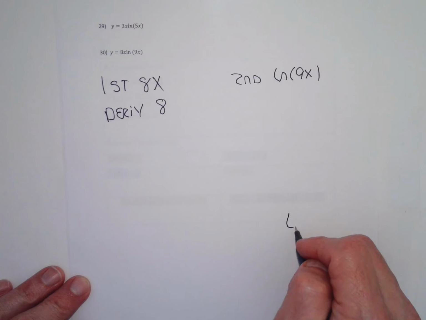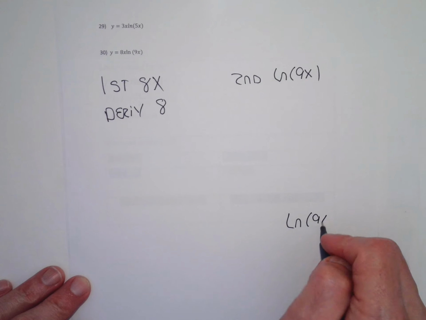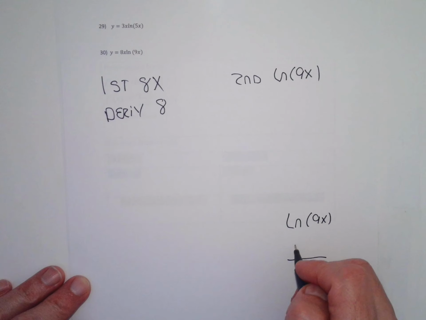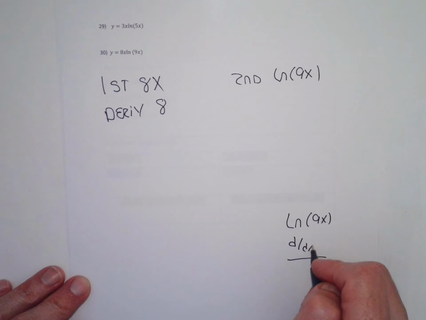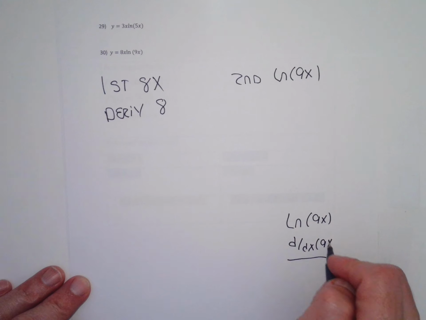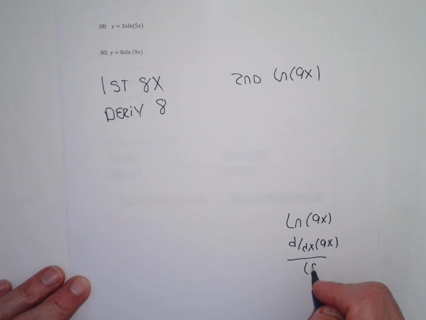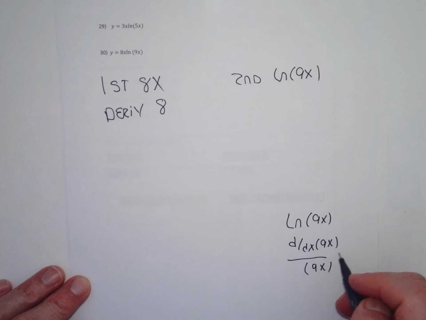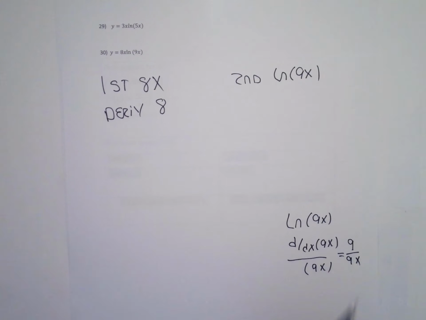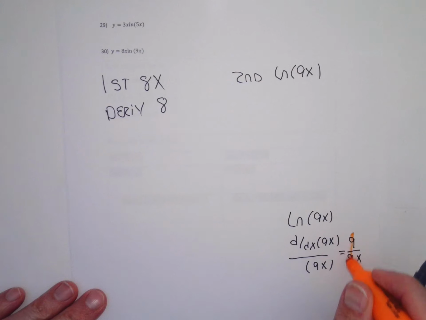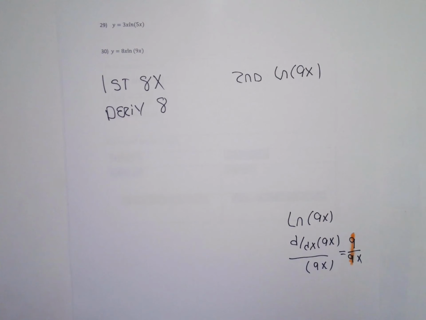For the derivative of the natural log of 9x, I get a fraction, and the numerator of that fraction is the derivative of 9x, and the denominator of that fraction is the argument of 9x. So the derivative of 9x is just 9, and then the denominator doesn't change. With straight multiplication, I can reduce. These 9's are going to reduce to 1's, and I'm going to get the derivative is 1 over x.